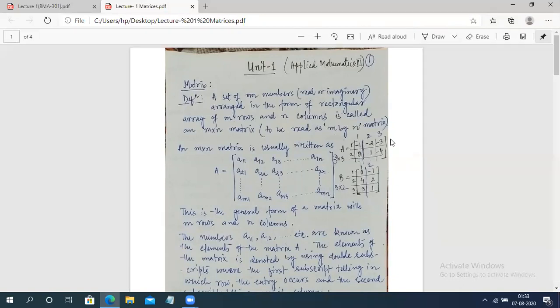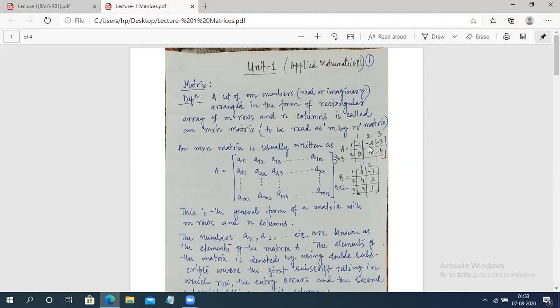These horizontal lines are called the rows, and this is the first row and this is the second row. And the vertical lines are called the columns. So this is the first column, this is the second column, this is the third column.